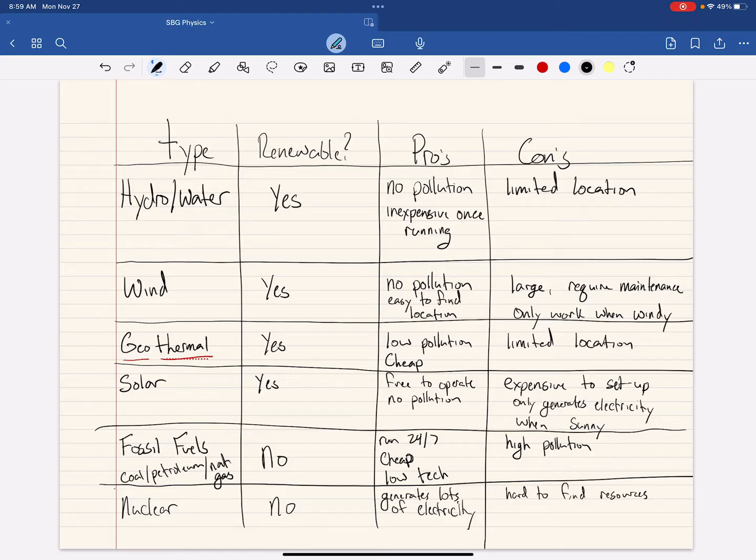Plutonium, uranium, these things are difficult to kind of acquire as nuclear fuel. And nuclear waste is basically immortal. So it's very difficult to dispose of.